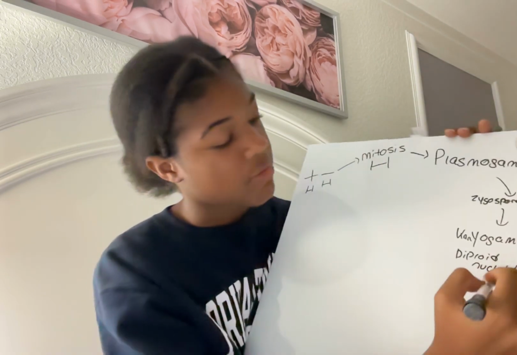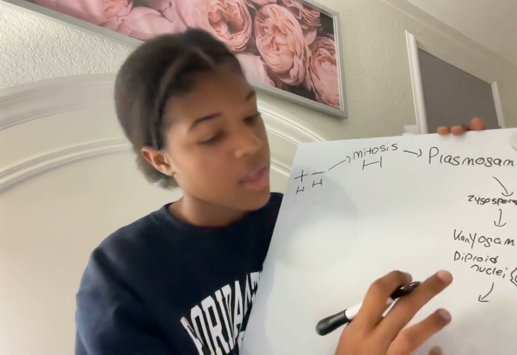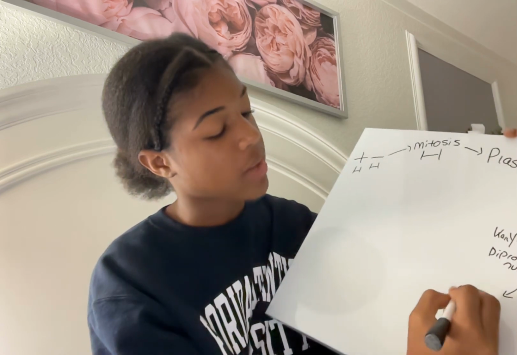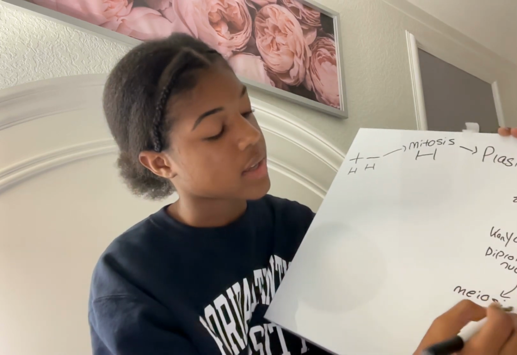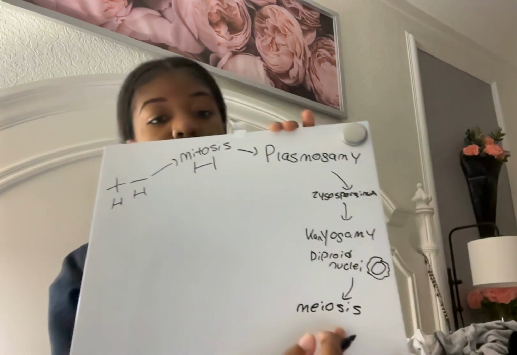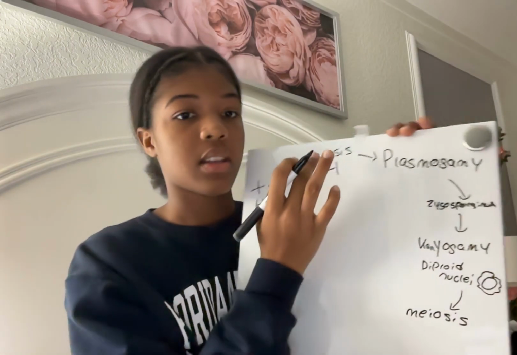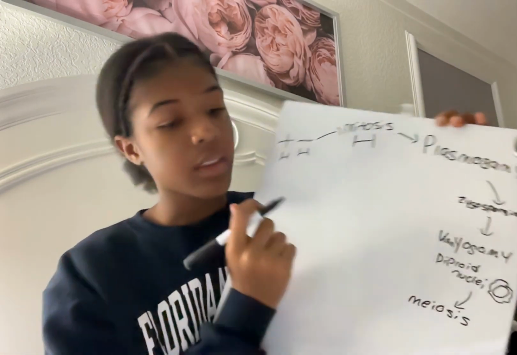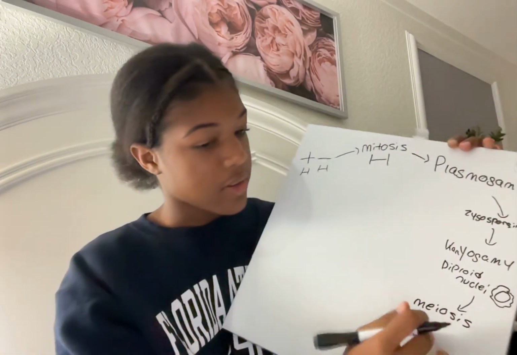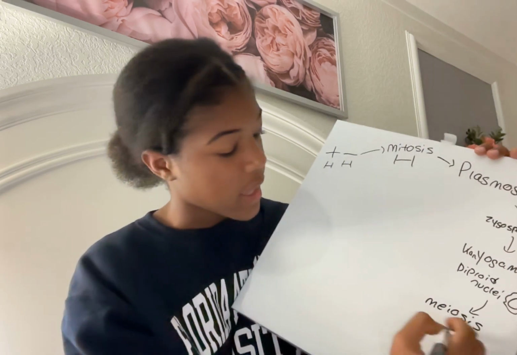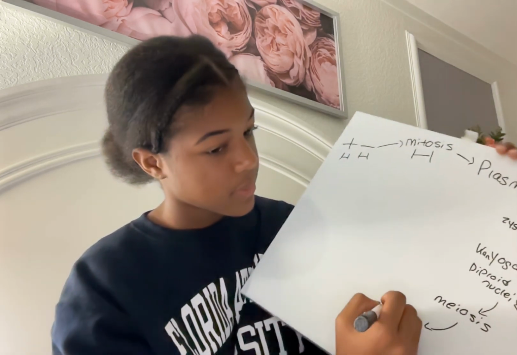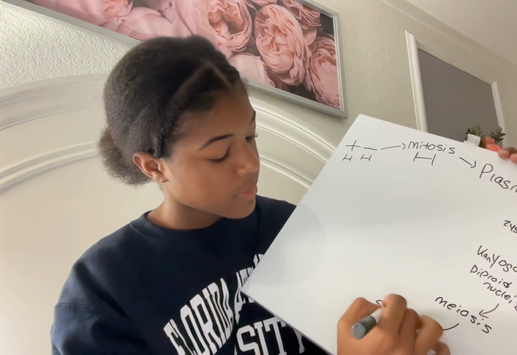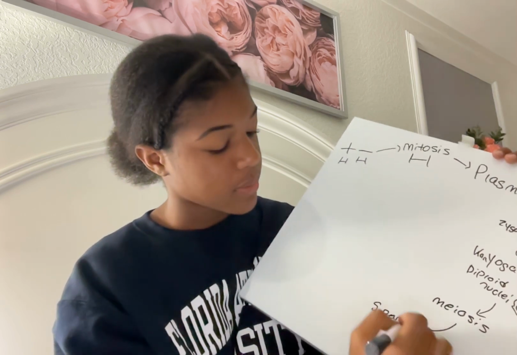And then after the diploid nuclei, we go through meiosis, which is genetic variation, whereas mitosis is identical. After the meiosis, we get a sporangium.